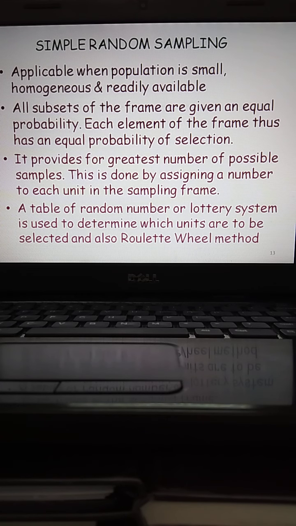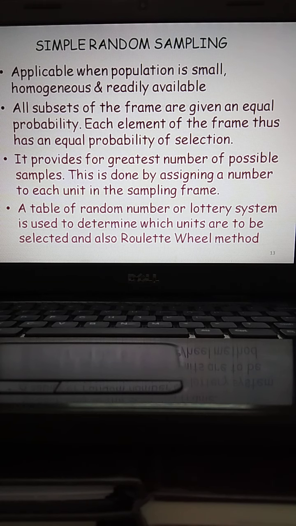Overall, the main criterion of the random sample is that there will not be any kind of bias. There will not be any kind of priority as far as the units of the sample are concerned. Okay? So you are calling this the first method under the sampling methods, the simple random sampling method.